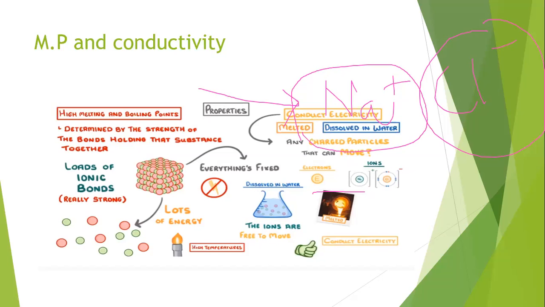They are very packed, very close together. So if you want to conduct electricity from an ionic compound, you have to dissolve it in water or melt it. Then it will be easier to conduct electricity from the ionic compound. Ionic compounds are soluble in water. When they are soluble in water, they conduct electricity.